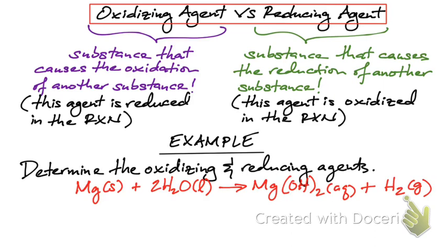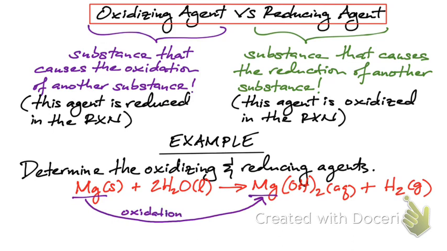Here's an example. Determine the oxidizing and reducing agents in this redox reaction. So again, the first thing that we want to do is to assign oxidation numbers or oxidation states so that we can determine which one is the oxidation reaction and which one is the reduction reaction. Again, this is the same example that we did previously. We determined that solid magnesium is the one that undergoes oxidation. Right?